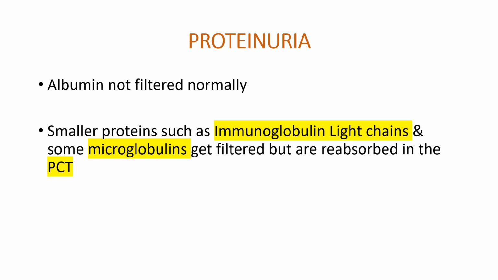So albumin is not filtered normally because of that charge barrier, whereas smaller proteins such as immunoglobulin light chains and some microglobulins get filtered similar to glucose, but they're reabsorbed in the proximal convoluted tubule. When I told you about Fanconi syndrome, I said that apart from glucose, it also cannot take up some amino acids and these smaller proteins such as immunoglobulin light chains and small microglobulins, which get filtered but are reabsorbed by the PCT.